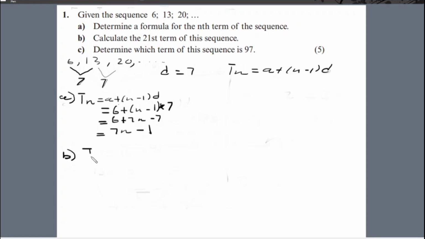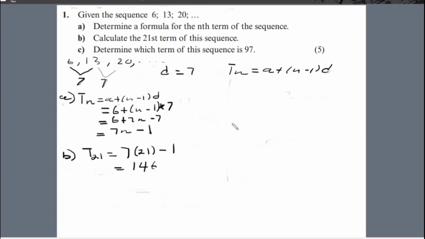Therefore t21 is equal to 7 times 21 minus 1. When you punch this in your calculator, it will give you 146. Therefore the 21st term of the sequence is 146.